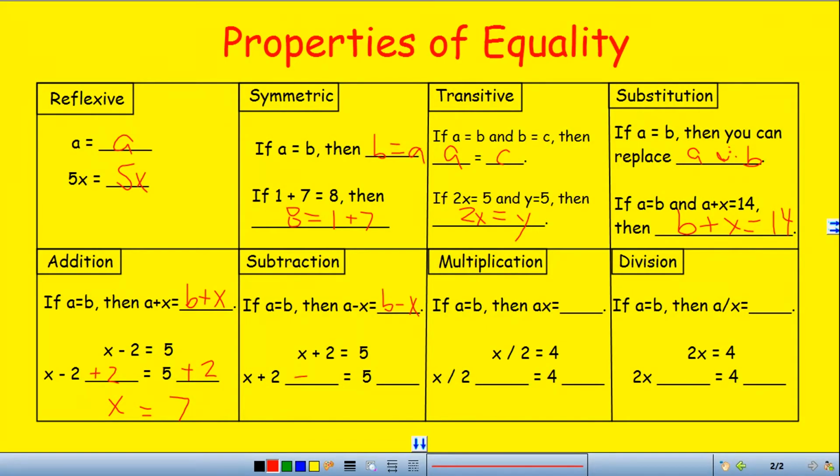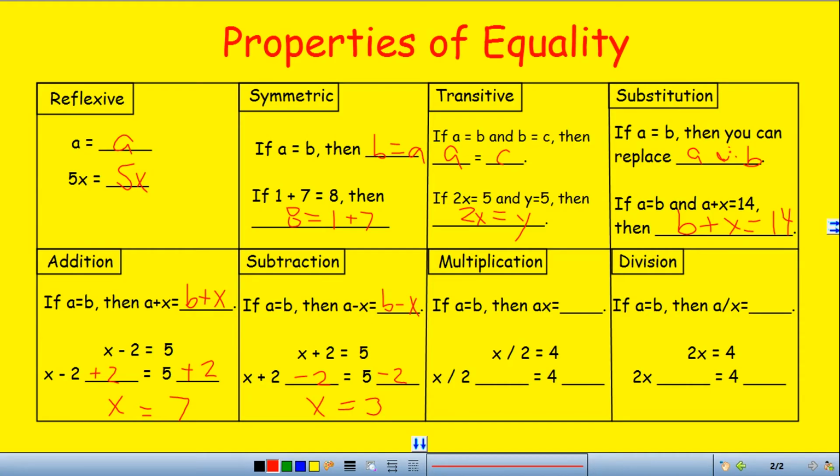And I can do this by subtracting 2 from that side. But what I do to one side, I must do to the other. And with the subtraction property of equality, it allows me to subtract 2 from the other side as well. So I have x plus 2 minus 2, which means 2 minus 2 is 0, so it leaves me with x on the left side equals 3 on the right side.